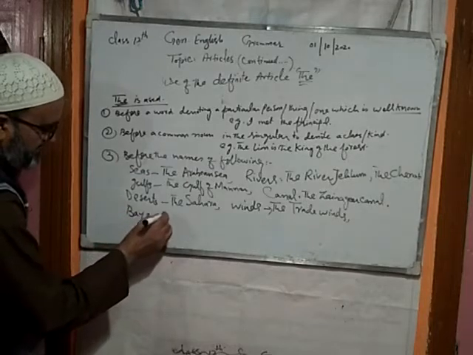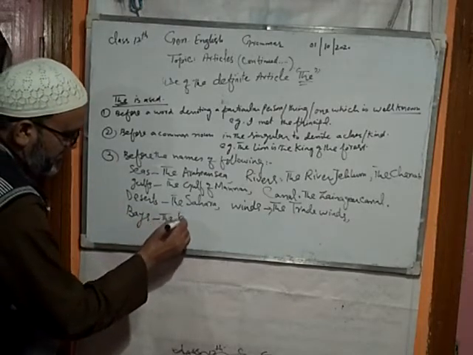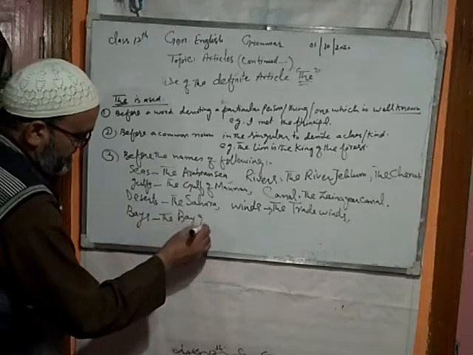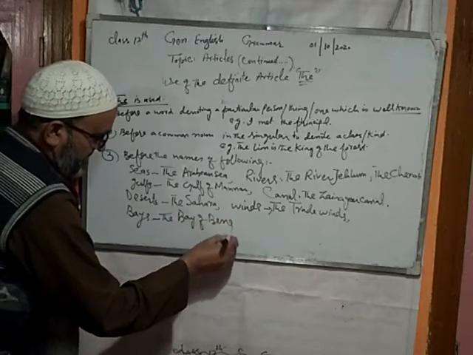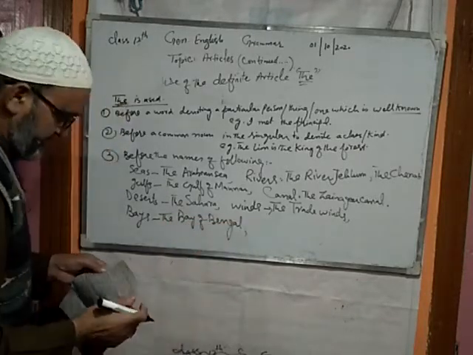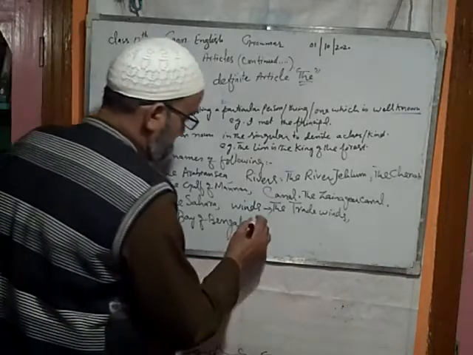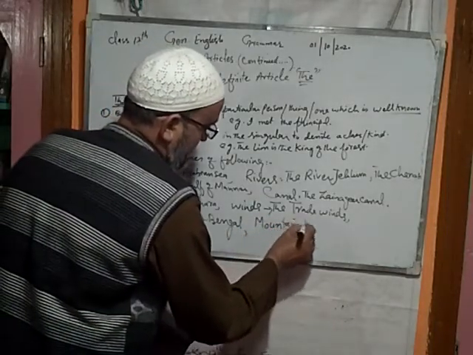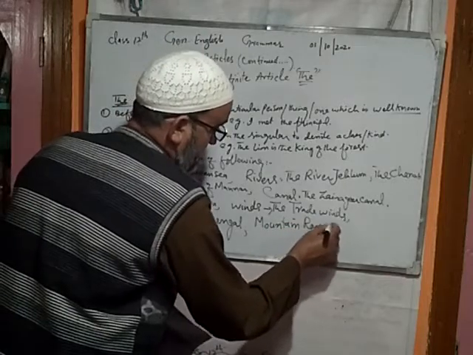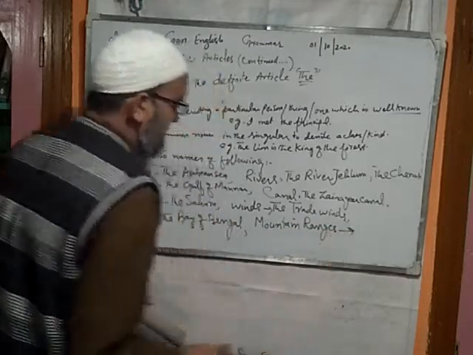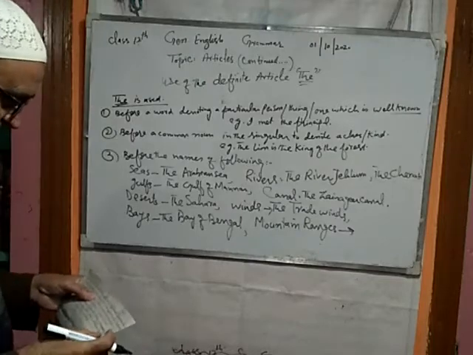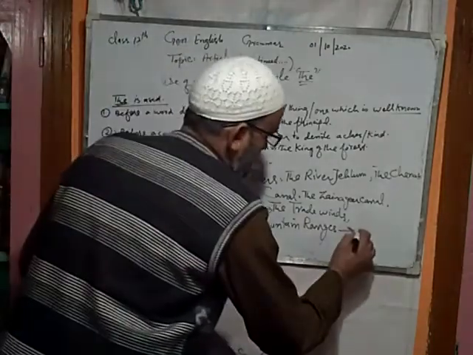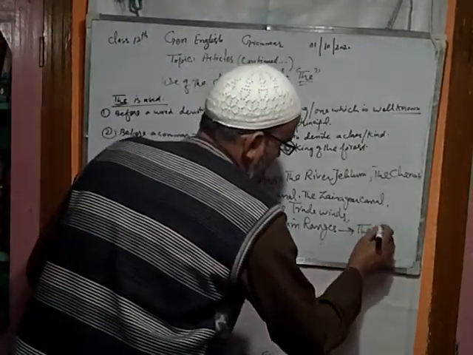Before the names of bays, for example, the Bay of Bengal. Yes, dear students, before the names of mountain ranges, not a single mountain, for example, the Himalayas.